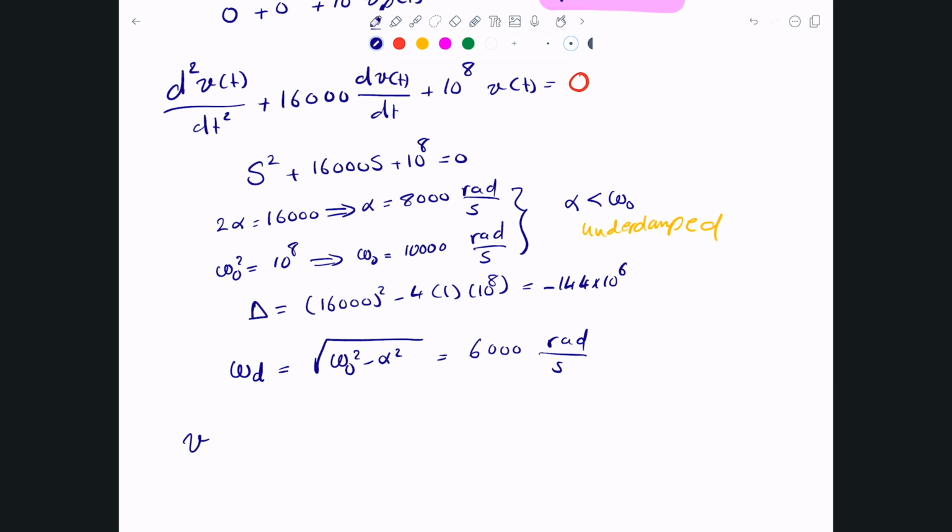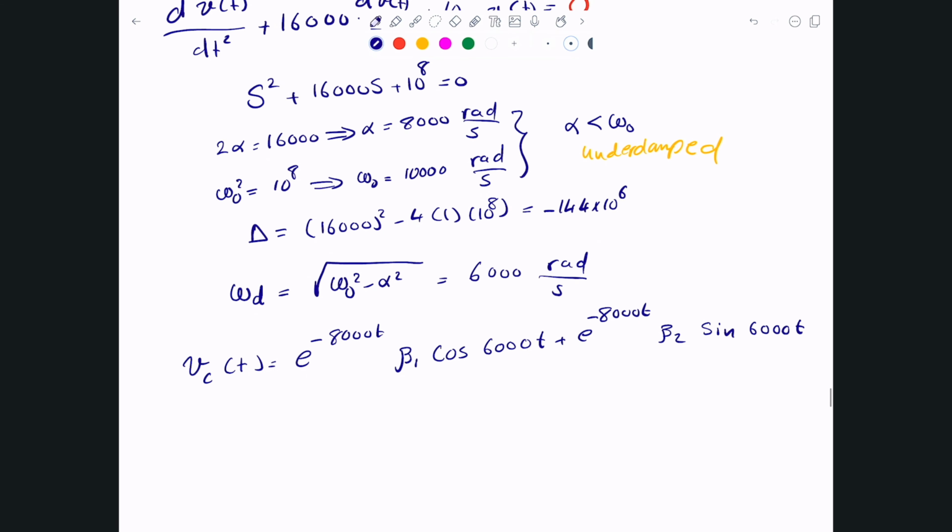Because the complementary solution is just simply e to the negative 8,000 t, beta 1, which is a constant, times cosine of omega d, which is 6,000 t, plus e to the negative 8,000 t, beta 2, sine of 6,000 t. So that's the complementary solution.